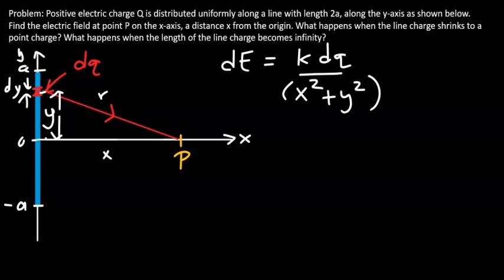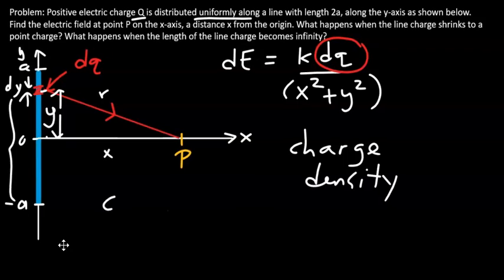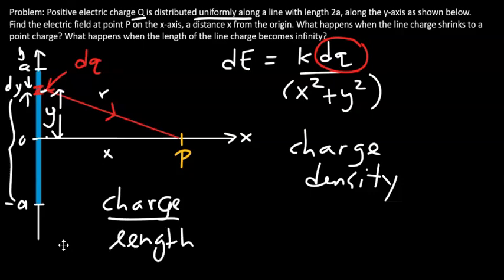Next, we need to get a little bit clear on this amount of charge dq. Can we express dq in terms of capital Q, which is given in the problem? Since we are told that the charge is distributed uniformly along that line, the charge density must be constant. What that means is the amount of charge per unit length is a constant.